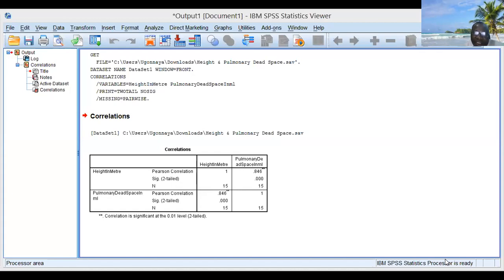Can you see? This is what we got, 0.846, when we calculated. And this one correlates pulmonary dead space and height, it's the same thing. Pulmonary dead space with pulmonary dead space will be 1. Where each variable correlates with itself, along the diagonal, it is 1. The real value you are looking for is off the diagonal. One is the mirror image of the other, so you just pick one.